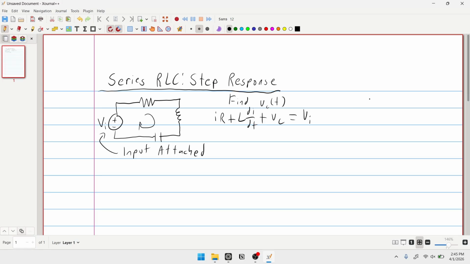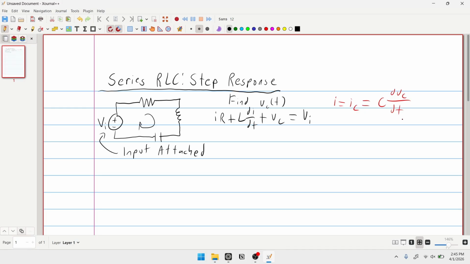So we know from our capacitor equation, first off, that all the components share the same current. So i is also equal to the current through the capacitor, which is C dVc/dt.